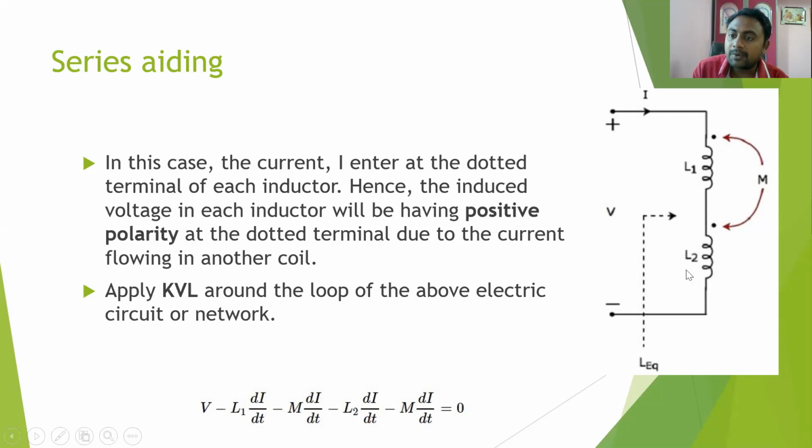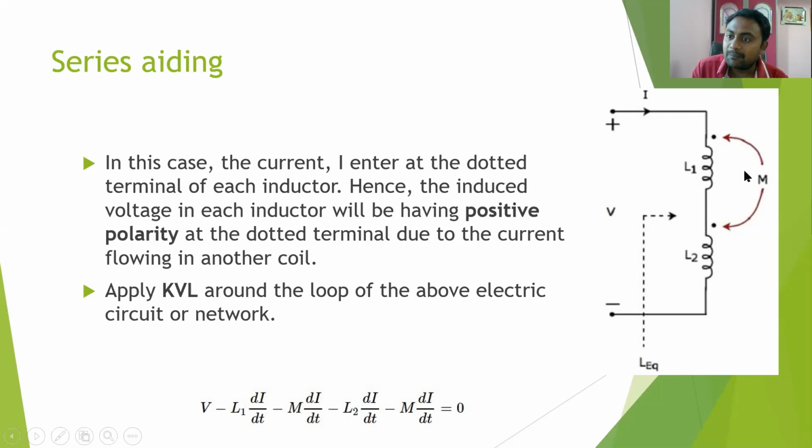Now I am going to write the equation for the second coil. In the second coil, inductance is L2 and current is I2. The self-induced voltage is minus L2 di2 by dt. As we know, in series the current is the same, so minus L2 di by dt. Guys, mutual inductance is linked from 2 to 1 also.